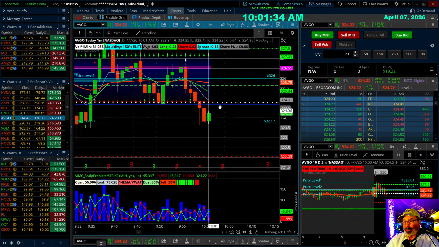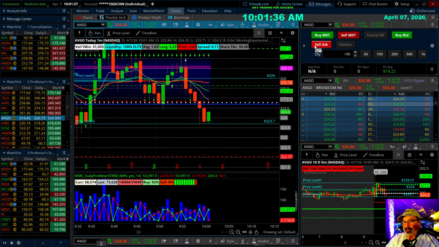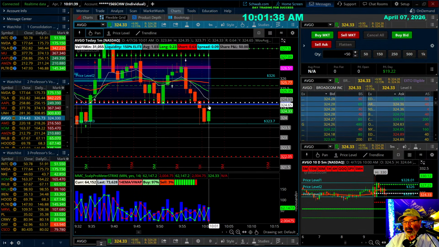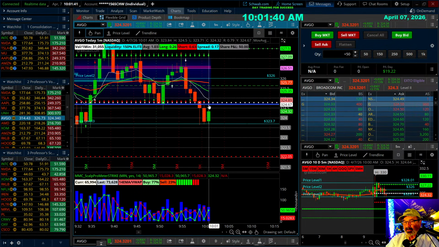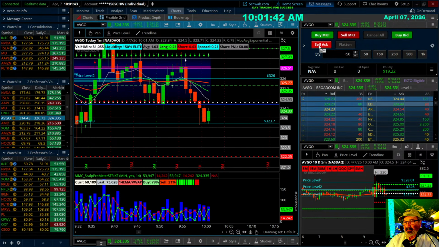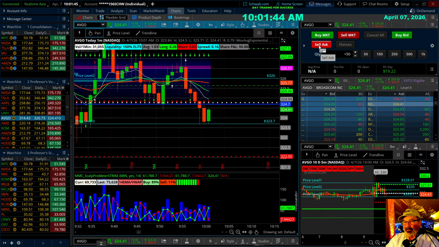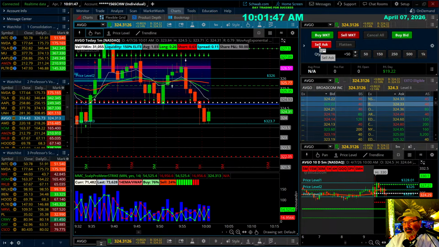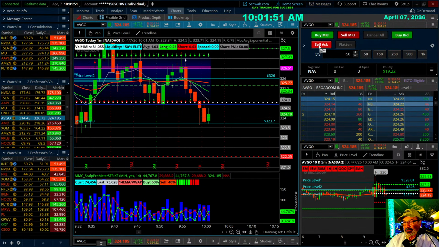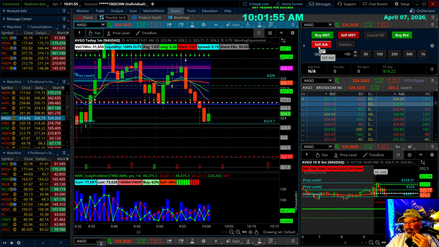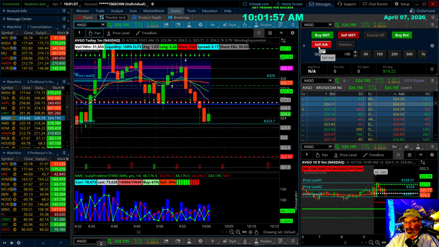I want to go short now because of that. So see if we can get it back up to the 50 here, and I'll take a short. That's 70 cents. Doesn't look like it's going to go up anymore. I mean, it looks like it kind of did its thing. See if we get another surge there.